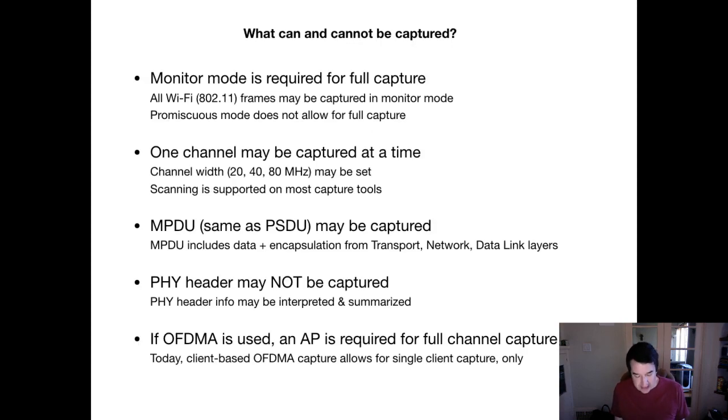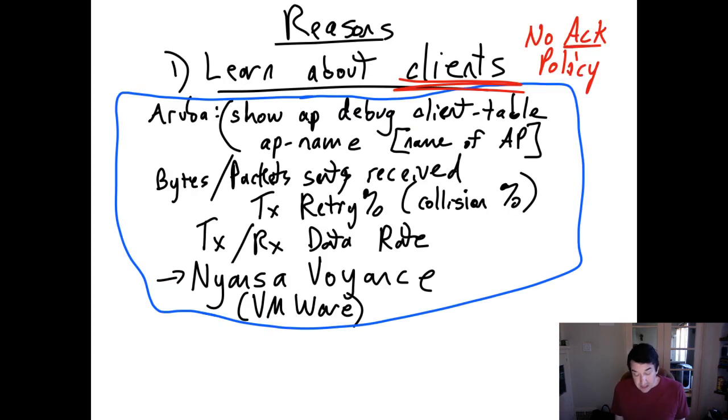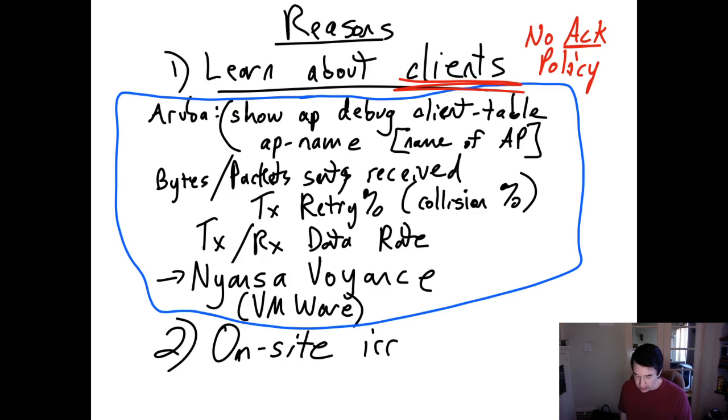That's, at least for me, the big reason to do a capture nowadays: just to learn about client devices. I would say the other reason why I found myself occasionally still doing captures is if I was looking for some type of on-site, I'll call it an irregularity.